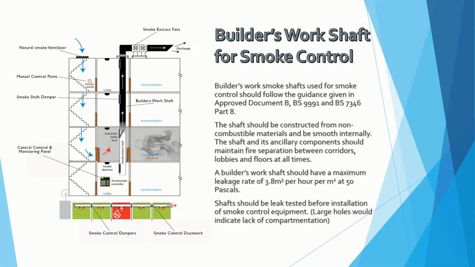Leakage tests before product installations are important to ensure the system works correctly as specified, coupled with regular service and maintenance. And here on this slide, you can see the location of the smoke products from dampers, controls, and extract fans.